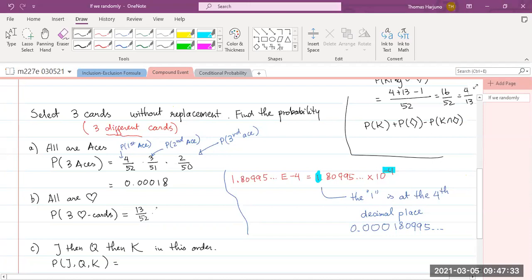And then 12 over 51, that's the probability of getting another heart card. That's 2 hearts so far, times 11 over 50.